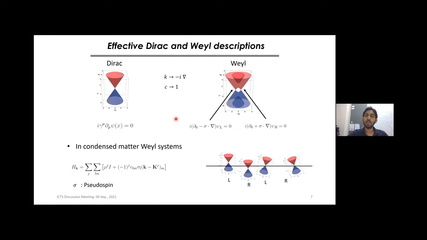And if we take the Weyl representation, instead of a 4x4 bispinor, we can split it into a left-handed spinor and a right-handed spinor. So this is what relativistic quantum mechanics demands. So in condensed matter systems, we will call those materials Weyl systems and Dirac systems, which near the Fermi level and near such dispersion will also obey the same emergent symmetry.